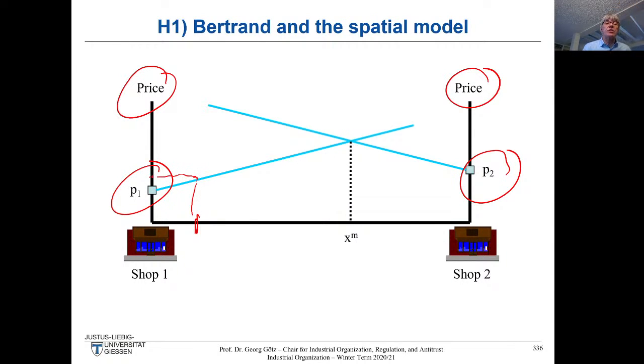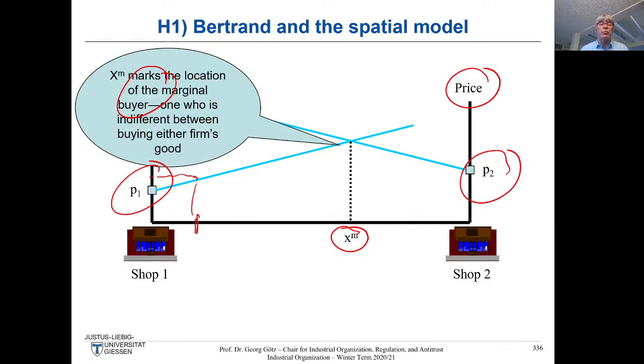Now we are looking for the so-called indifferent or pivotal consumer, who just gets the same utility from buying at either one of these two shops. The slope of these curves is just the transport cost t.